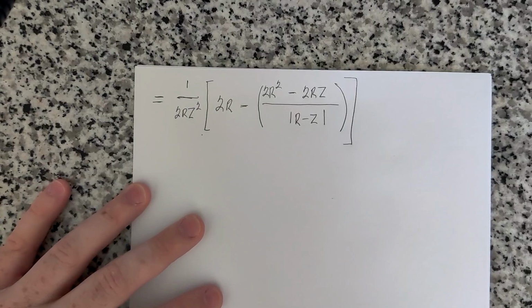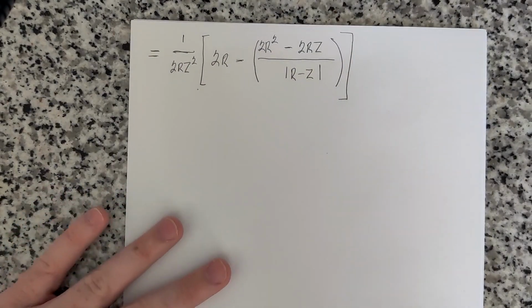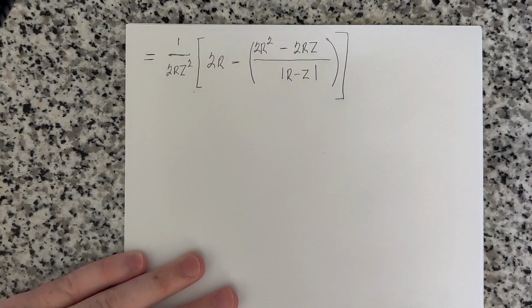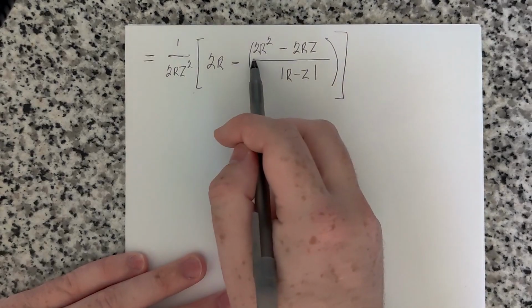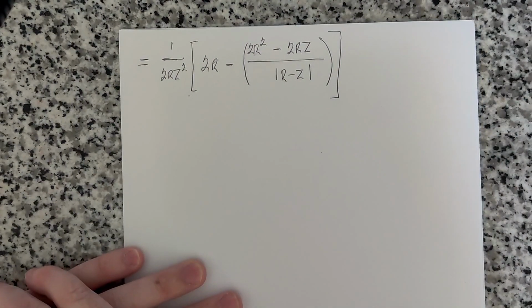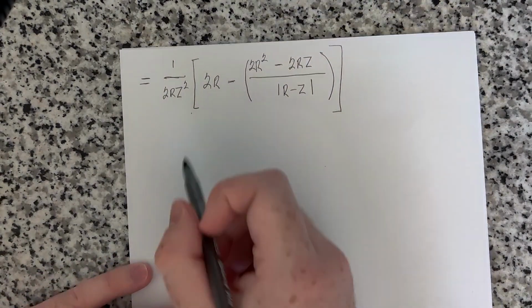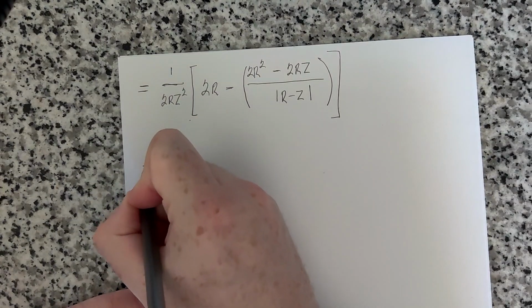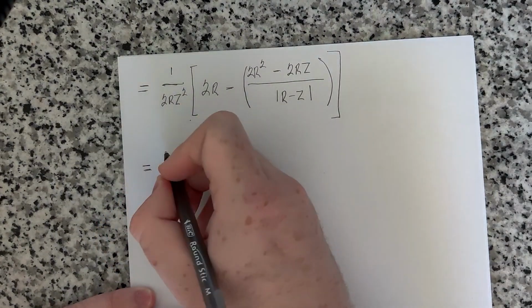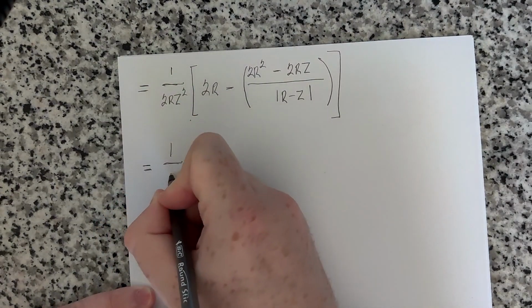And how can we simplify this even more? Let's see. 2r is in every term, so we can factor out a 2r. So let's go ahead and do that. If you factor out 2r, then the 2r here cancels, and all we get is 1 over z squared.